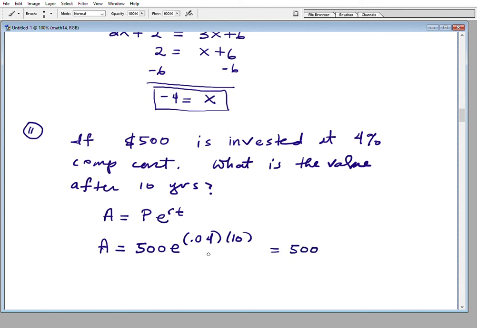So we have 500 times e to the 0.4. Okay. So for this you need the calculator. All right, so I'm getting, just rounding this off, 746.